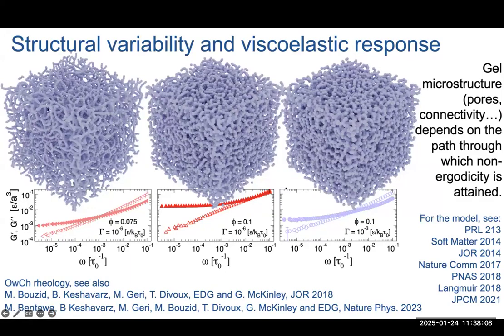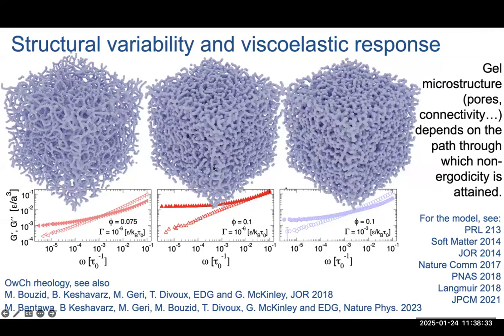From the very far left, this is obtained at a given volume fraction, relatively small, with a given protocol that here I characterize with this parameter that is what we call the gelation rate, which is a way to do the gelation in the simulation. Then if I go to the center, here I'm just increasing the volume fraction a little bit.